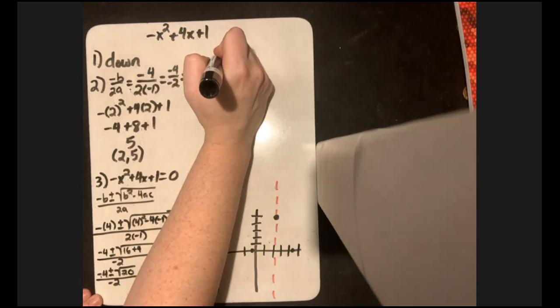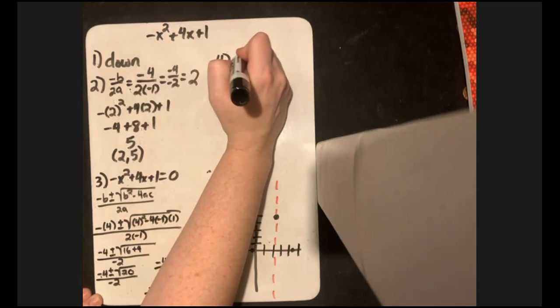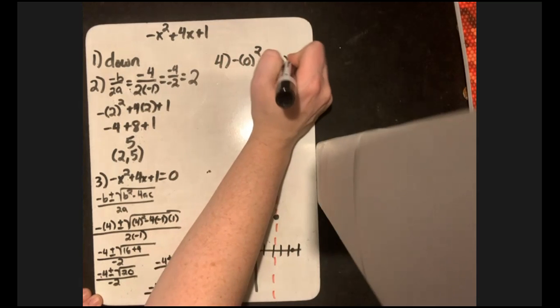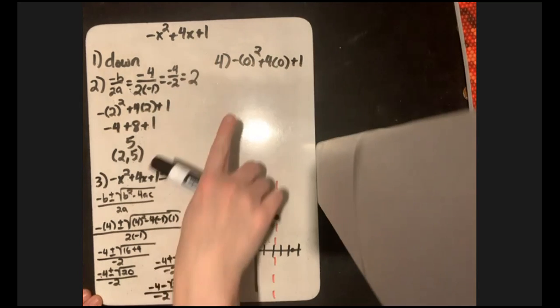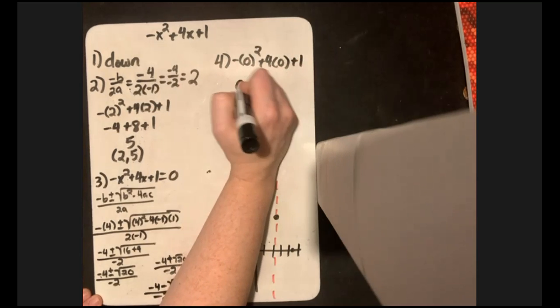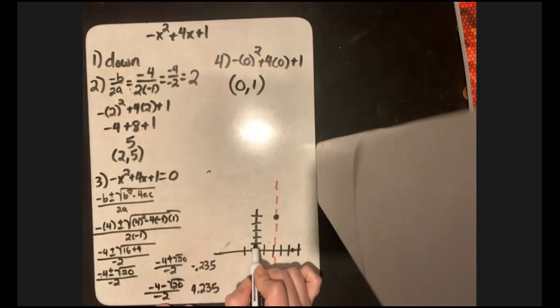So now to get my y-intercept, we're going to plug in 0. And I mentioned before that this is really pretty math because it's 0, 0, and I just get 1. So my y-intercept is at 1. So I'm going to go ahead and put that one in. Now, again, same trick as what I did on the last one.